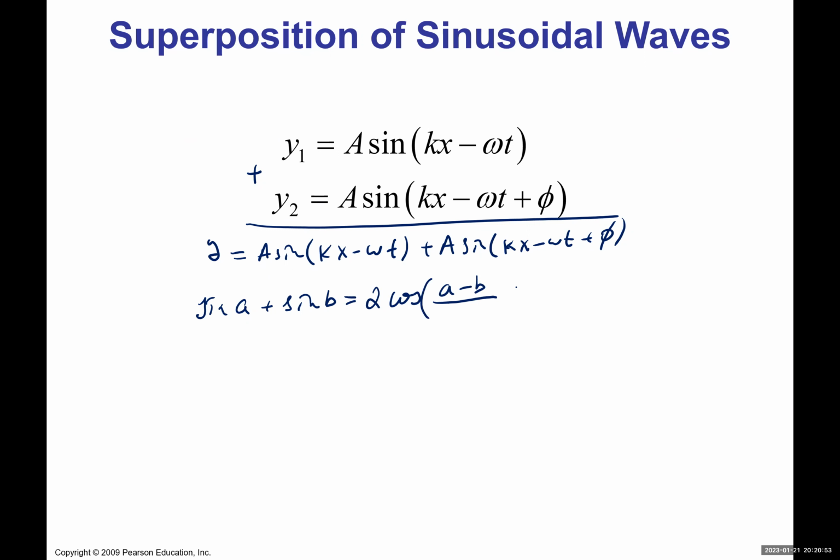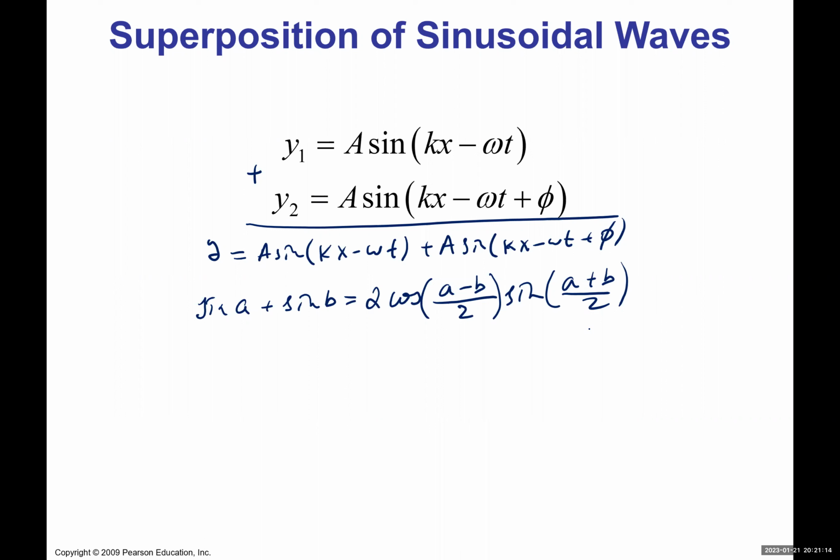That's just a general rule you learn in trigonometry class.